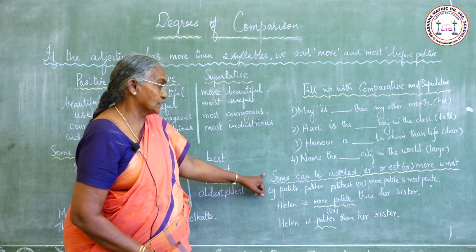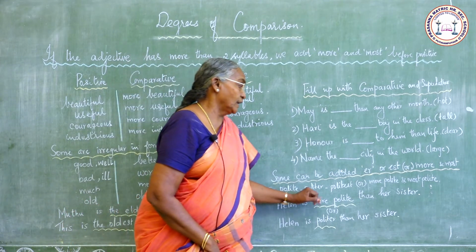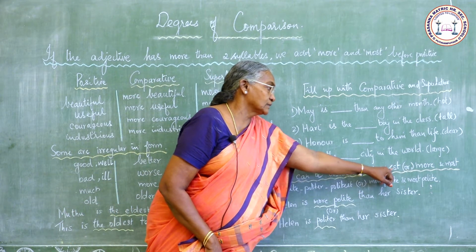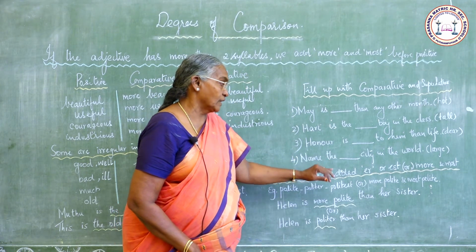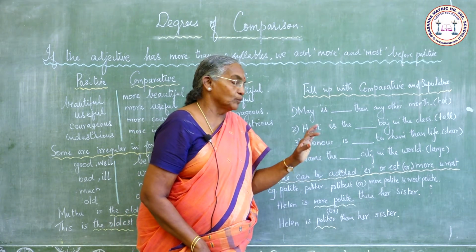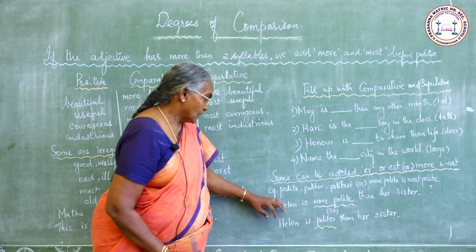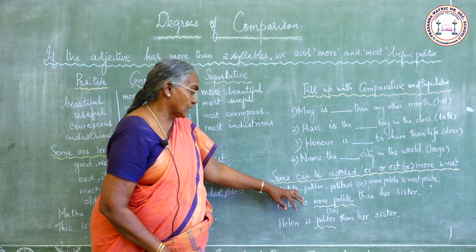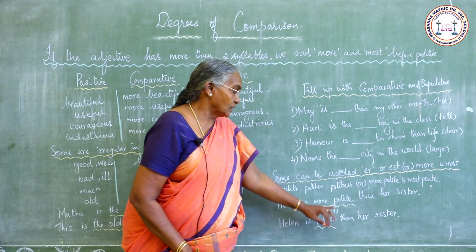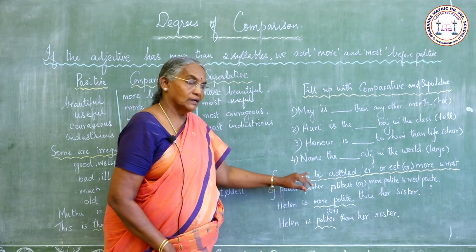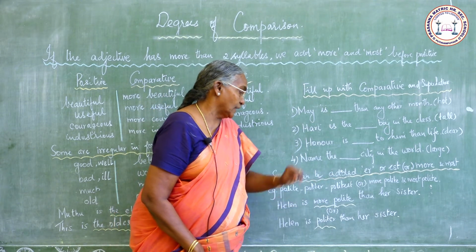For some adjectives, we can add ER or EST or more and most. Example, polite. We can say polite, politer and politest, or we can say polite, more polite and most polite.